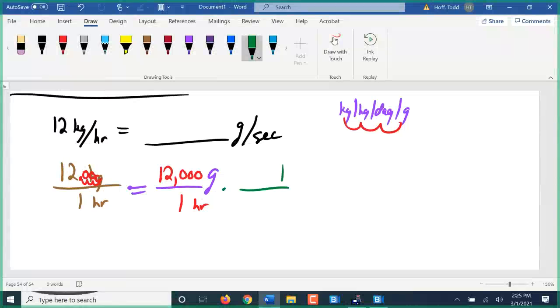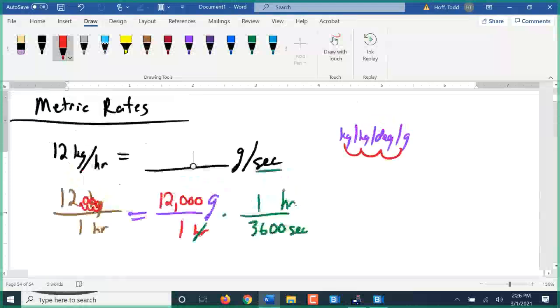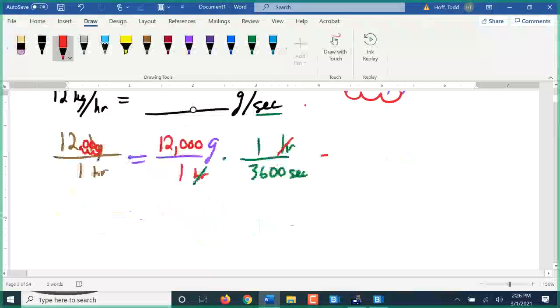So now I go back to using my conversion factors again, my dimensional analysis. 1 hour is, I'm going to seconds, so it's 3,600 seconds. Hours cancel out. 12,000 grams over 3,600 seconds. I have to divide that out.